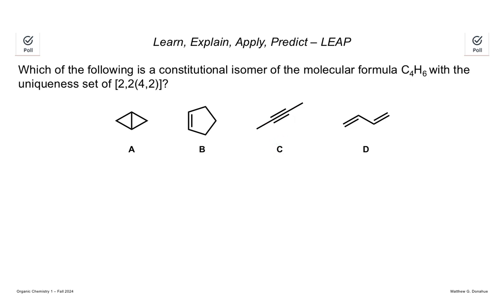Which of the following has a uniqueness set of 2 unique carbons, 2 unique sets of hydrogen with the ratio of 4:2? So we already eliminated B, it can't be C because there's only one unique set of H, and that's 6.